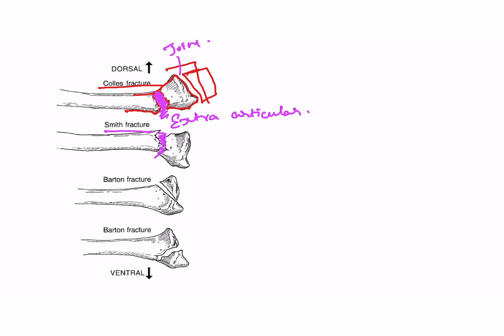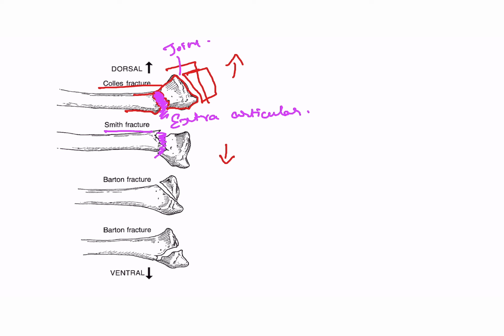But you see, in Colles fracture, the distal fragment has moved dorsally, while in Smith fracture, the distal fragment has moved volarly, or to the palmar surface, right? So the difference between a Colles and Smith fracture is the displacement of the distal fragment, whether it moves dorsal, Colles, or volar, Smith. And what is Barton fracture?